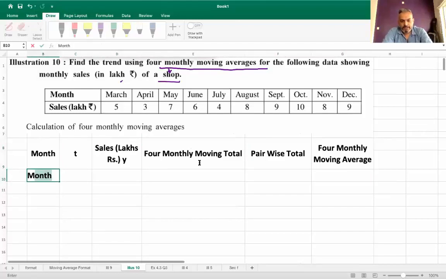When you write the months, March, leave one line blank. Then April, leave one line blank.